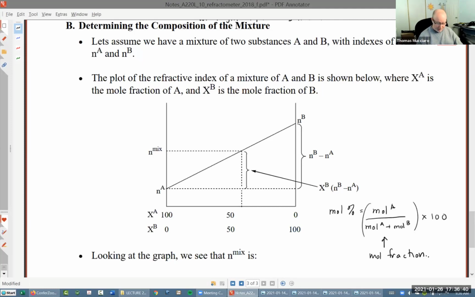Okay, so I put a little formula here. I have to apologize. Technically what we work with is what's called the mole fraction. The mole fraction for substance A, for example, is the number of moles of A over the total number of moles, which would be moles of A plus moles of B. So it's like we have this many moles, this much is A, what fraction of the total is A? So this number is always between 0 and 1.